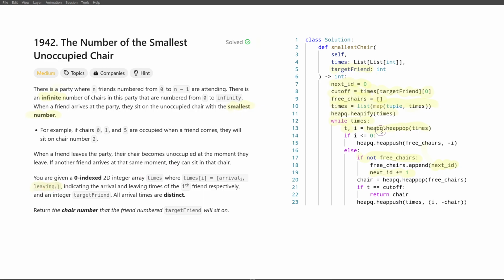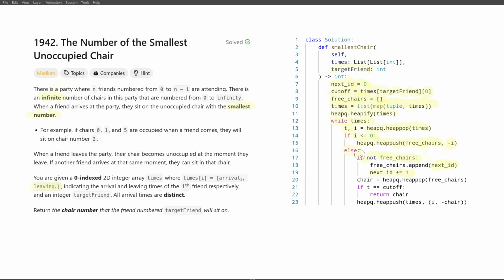And now this value i, this non-positive value, is the negative of the number of chair that we want to free up. And in that case, we can push to our free chairs heap the number of that chair. So this number will be kept negated, so we have to negate it here to push it back. And that's all that we have to do if we're now processing a person leaving.